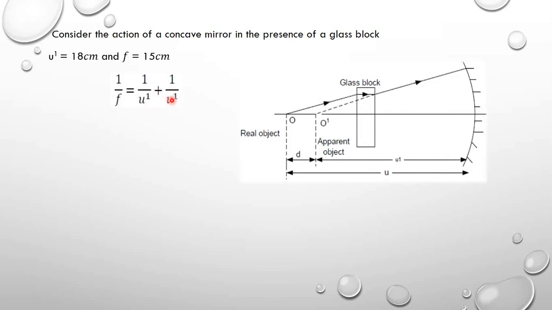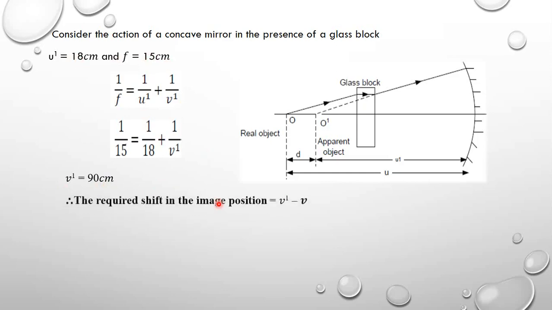When we replace that, we need v prime. So we shall make v prime the subject, and then we shall get v prime as 90 centimeters. So the new position of the image formed when we have placed the glass block is 90 centimeters. If you want to get the new magnification, you shall have 90 divided by 18.